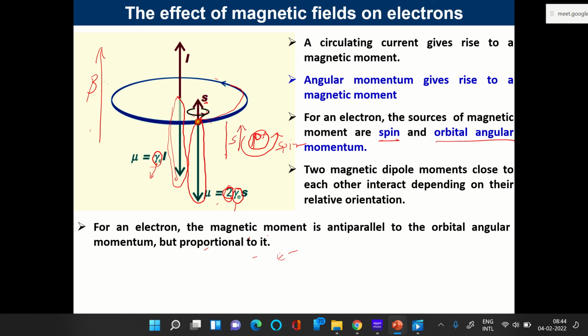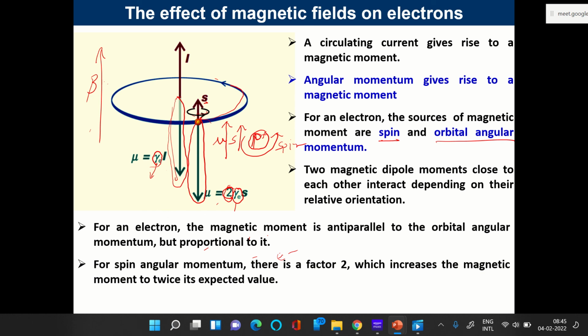The direction of mu will also be the same. It will be aligned to the field. It is only because the electron has the opposite charge that you have this kind of thing. Okay, so we'll see this.